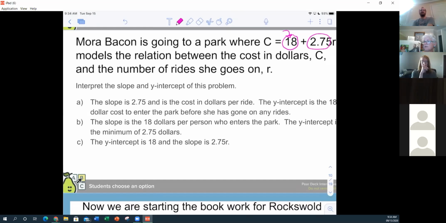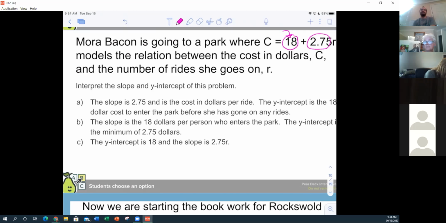The slope is 2.75, and it's the cost in dollars per ride. And then the y-intercept is going to be a number that doesn't have a variable attached to it, and that doesn't change. That's going to be a constant that won't change for anybody or anything in the problem. So the y-intercept would be the 18, which is how much it costs to enter the park before you go on any rides.